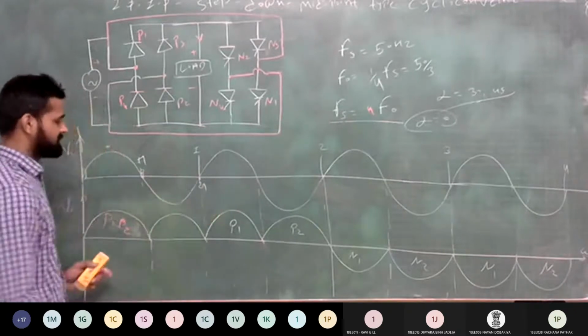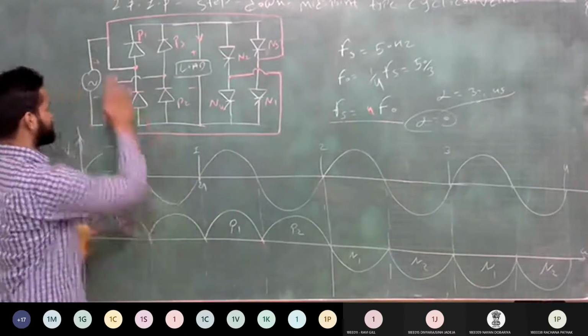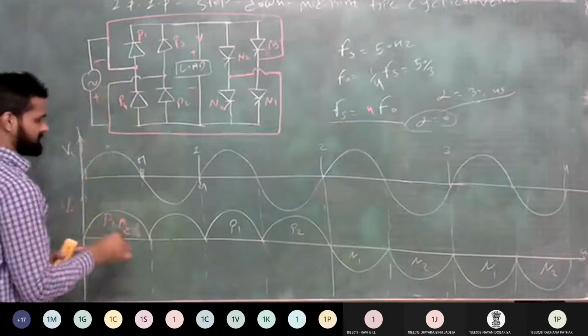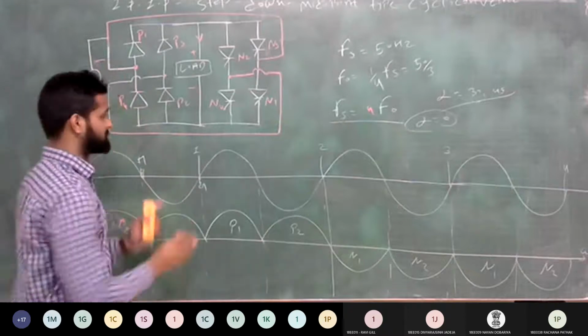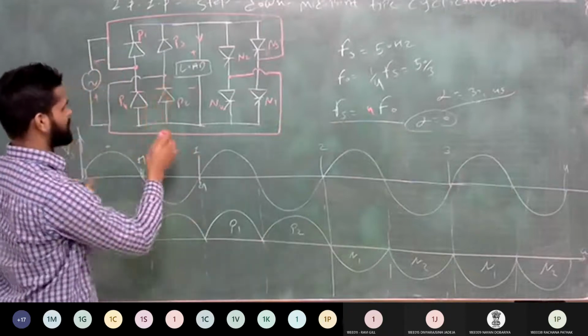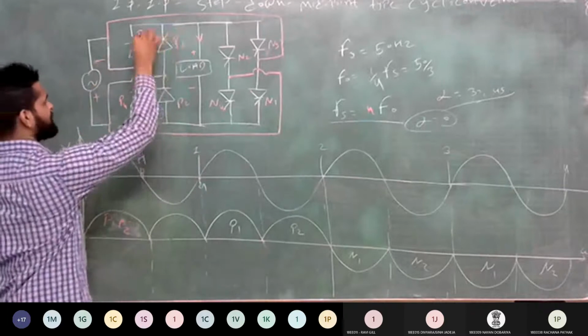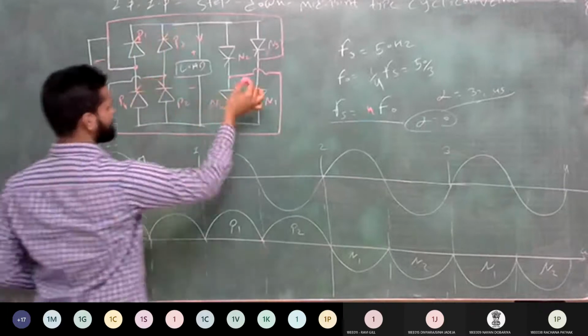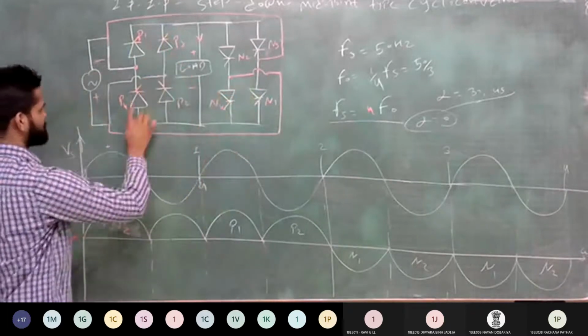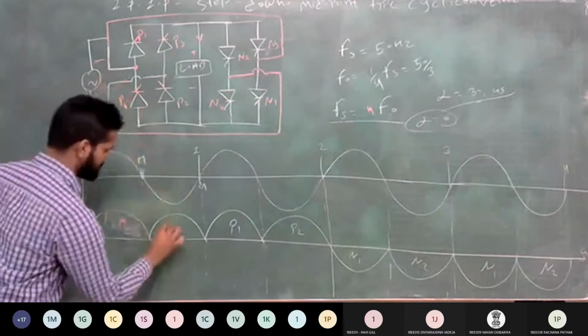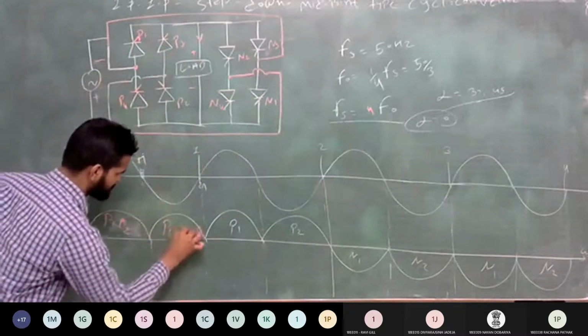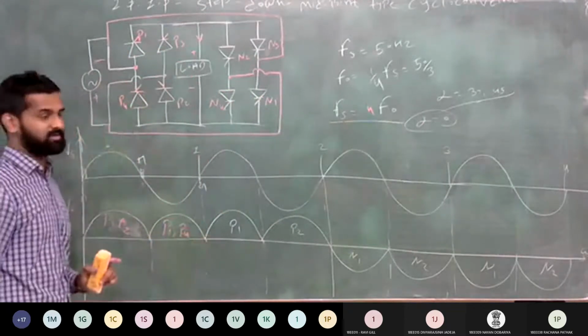Same way, in the negative cycle of your supply, minus and plus, again you require the positive voltage. So which thyristor is going to be forward biased? P3 and P4. So P3, P4 is forward biased for the negative cycle of supply. So turn it on, and you get the positive voltage.